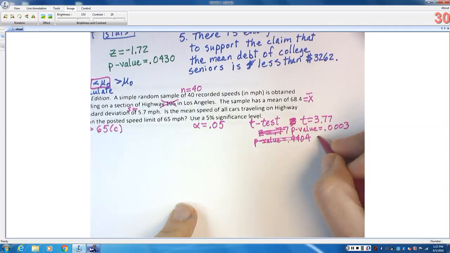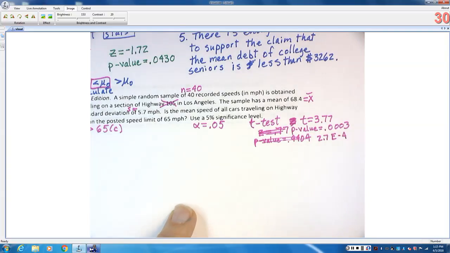Remember, on the calculator, p-values are probabilities. If you get a number that looks like it's more than one, keep looking and see if there's an e negative something.